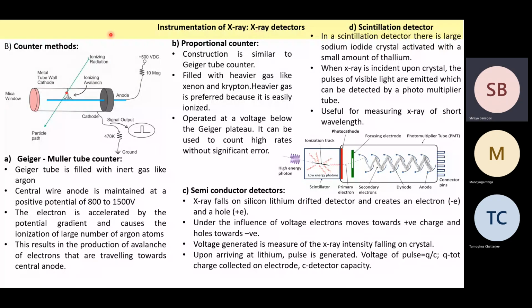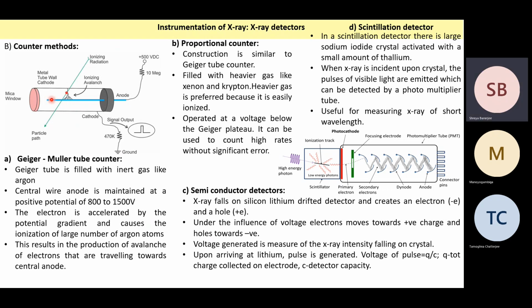There are other methods called counter methods, and there are four kinds of counter methods. Firstly is the Geiger-Müller tube counter. Here, this tube called the Geiger tube is filled with an inert gas like argon.